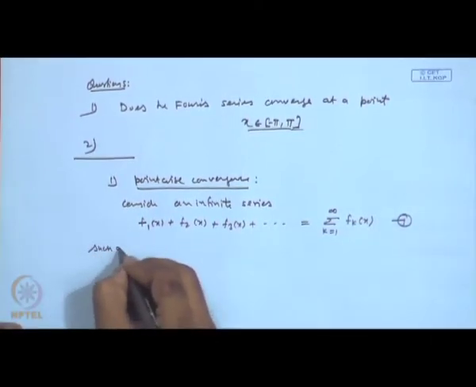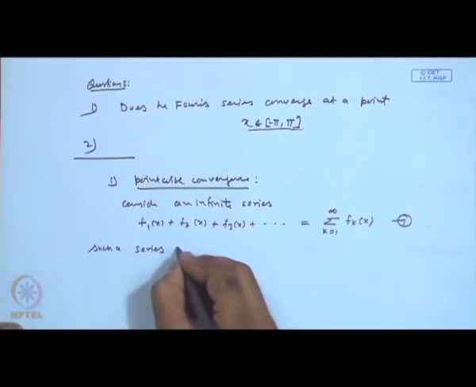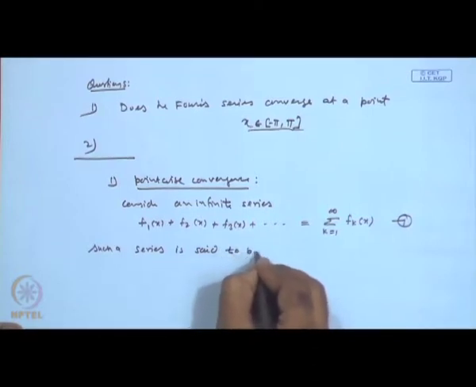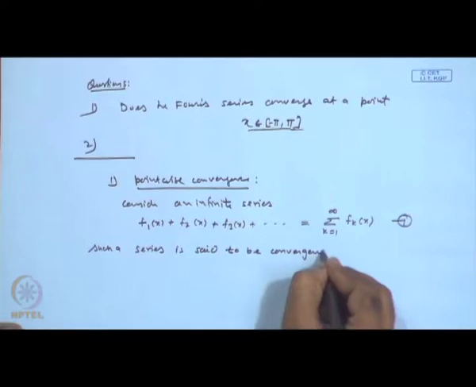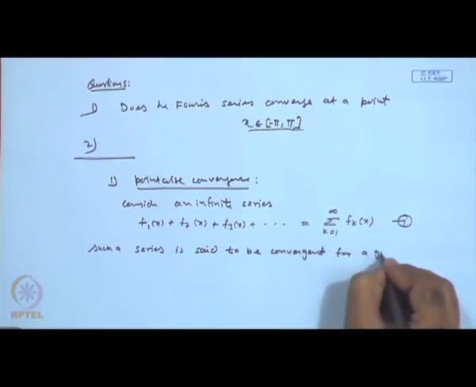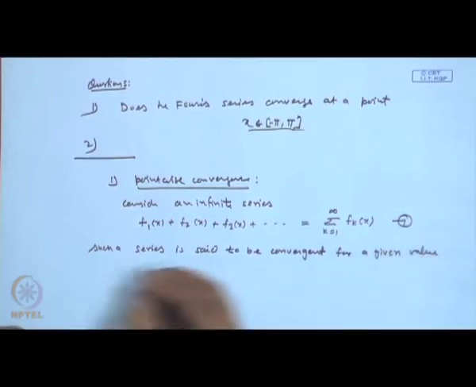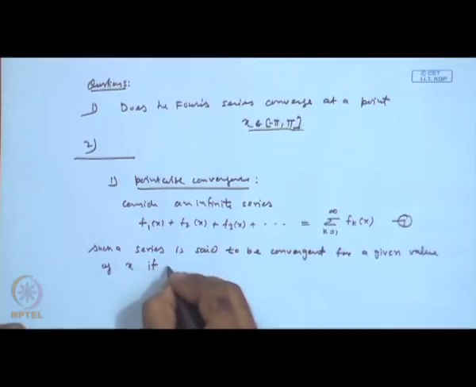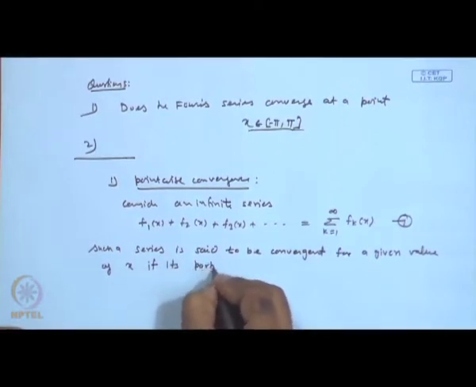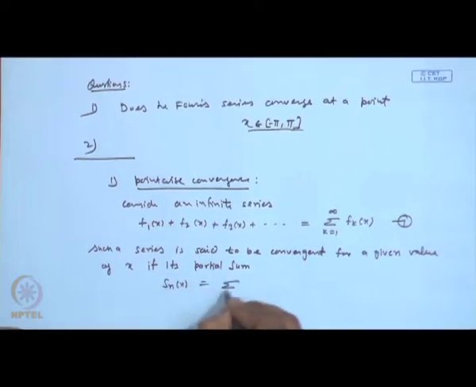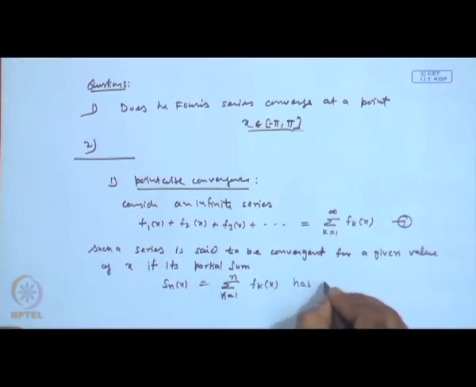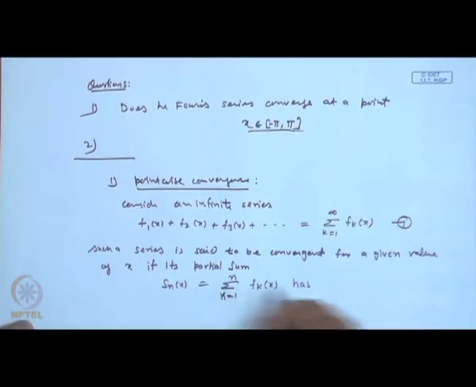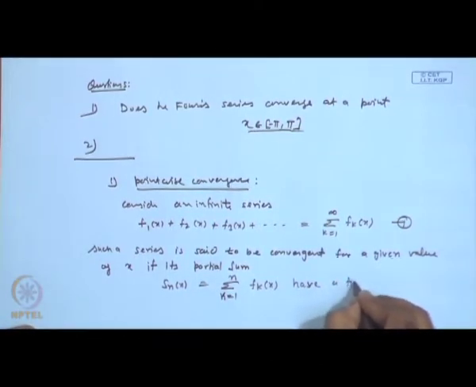Such a series is said to be convergent for a given value of x if its partial sum S_n(x), the sum from k = 1 to n of f_k(x), has a finite limit.